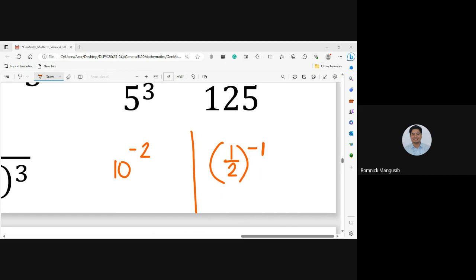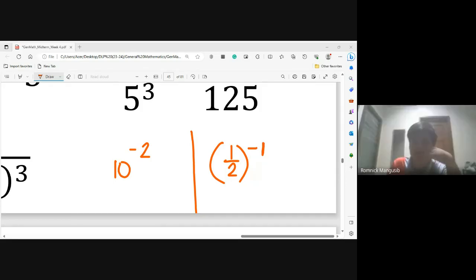Okay. Comment your answers in 20 seconds. What is 10 raised to negative 2 and 1/2 raised to negative 1? What about 1/2 raised to negative 1?